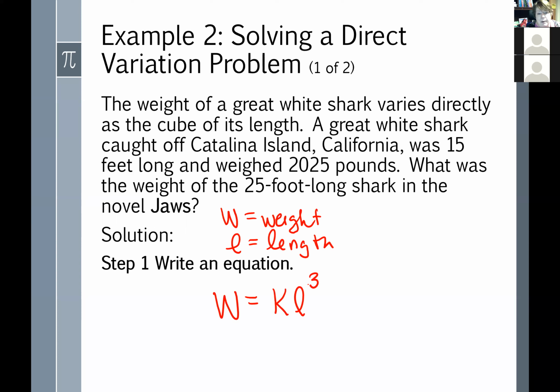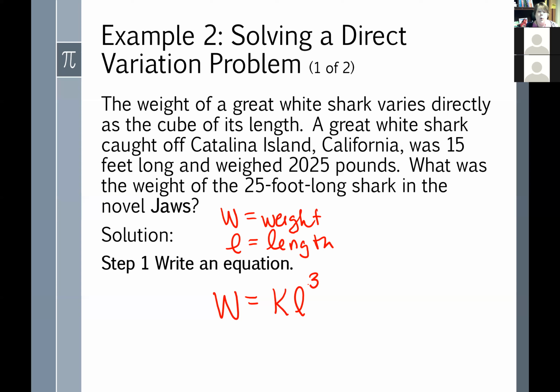We're cubing the length. All right, what else do we know? A great white shark caught off Catalina Island, California, was 15 feet long and weighed 2,025 pounds. So I can put in 2,025 for W and 15 for L and find K.